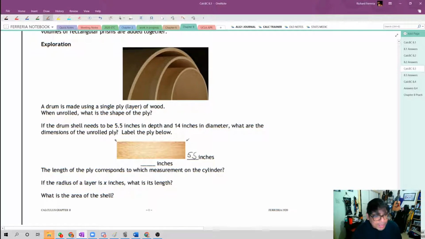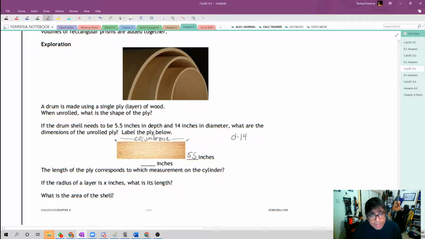And how do I get the length of this shell? Well, if the diameter is 14 inches, this would actually be the circumference right here, from here to here. That's the circumference of that one layer.